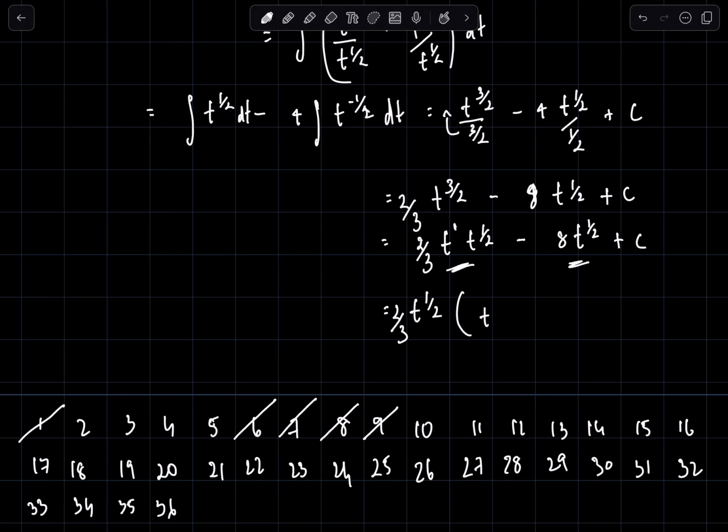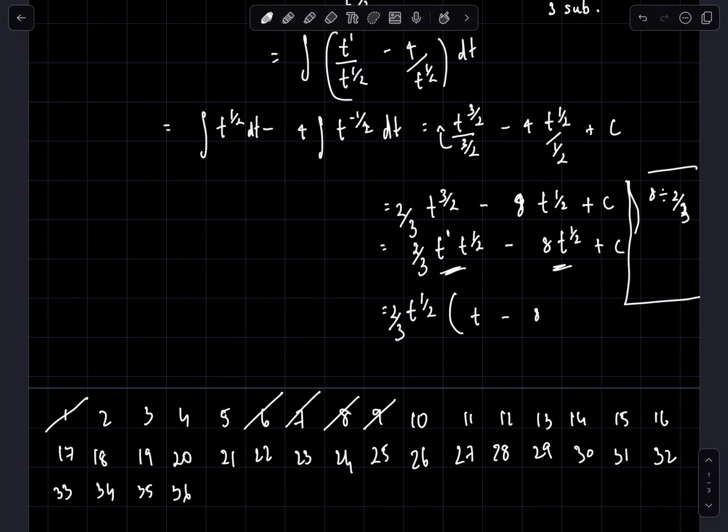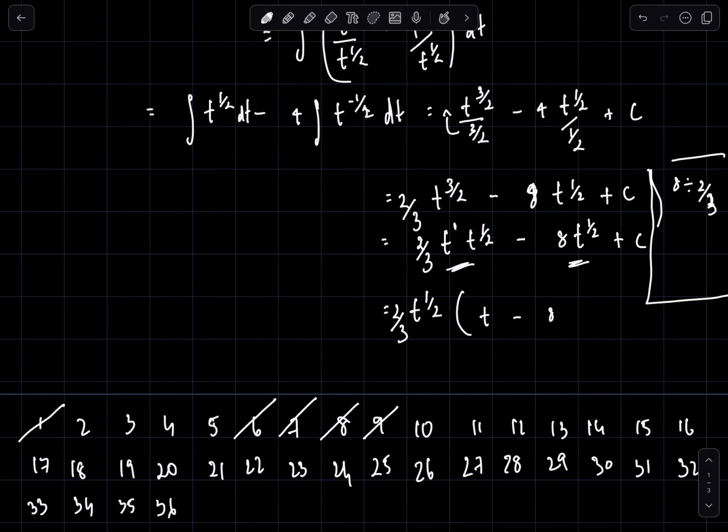Minus 8 divided by 2 by 3, and I'm doing this so that it's easier for you to understand. So 8 times 3 by 2, which is 4 3s are 12, minus 12. Now t raised to the power half is already taken out, correct?